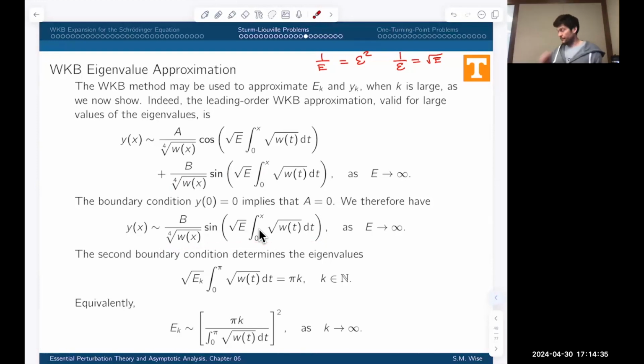That's nice because that corresponds to our canonical or simplest eigenvalue problem where the solutions were sines. Otherwise, they're not sines. Depending on what W is, it's something sine of some complicated function.